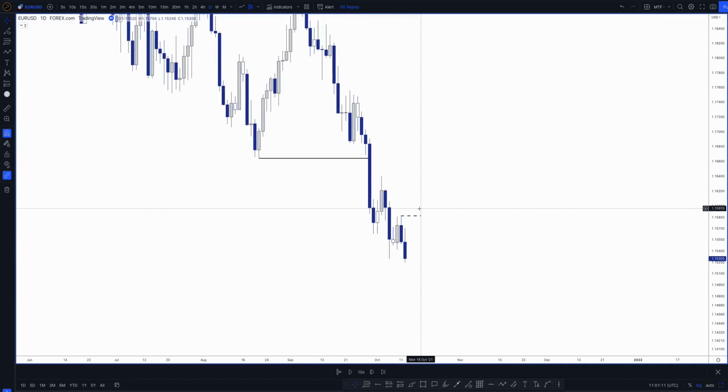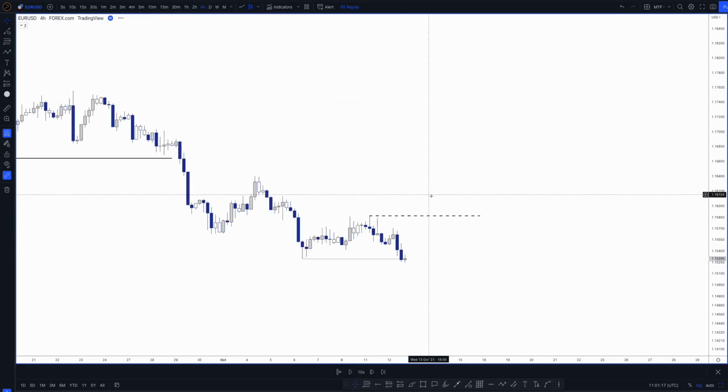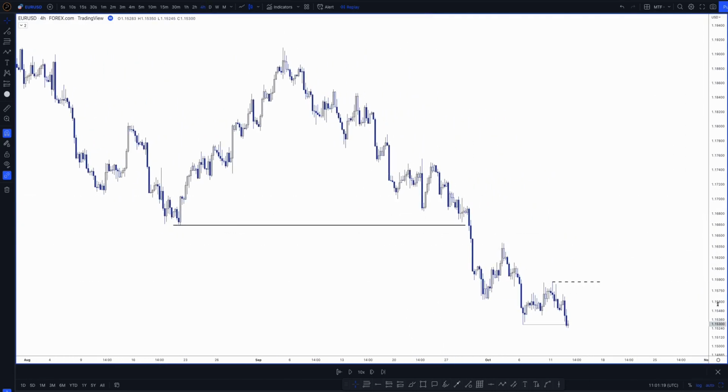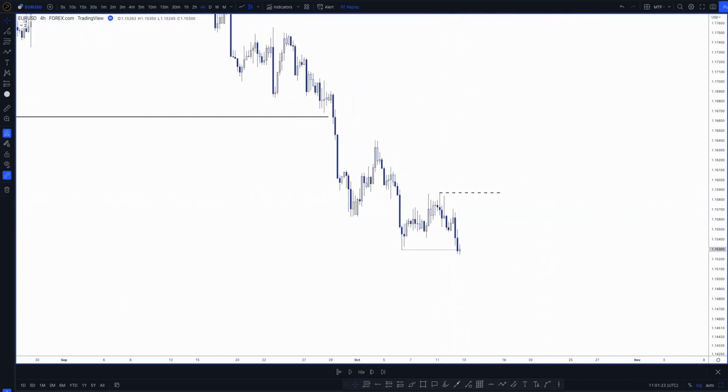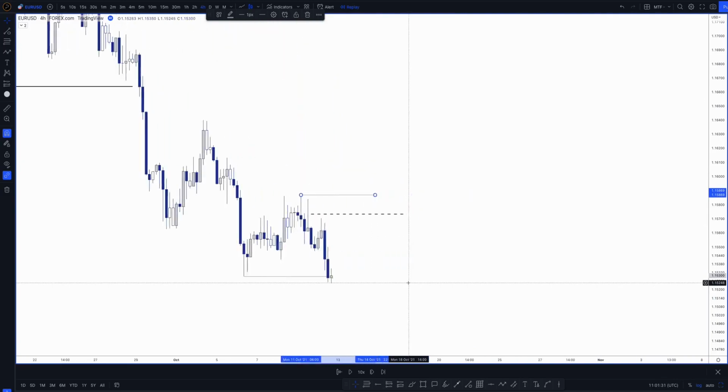You always draw it here. It just so happens that a lot of the times that fractal high in the daily chart may line up with where the 4-hour swing high is, okay? So it's a coincidence. It's not the rule of how you define where you draw it, okay? Because sometimes it might be just a little bit higher or just a little bit lower, right? But this, we know, is the 4-hour swing high because that's the highest point that took out the low, okay?